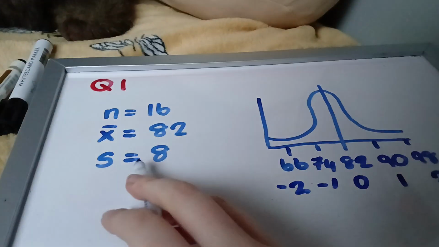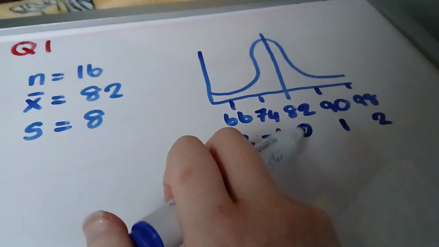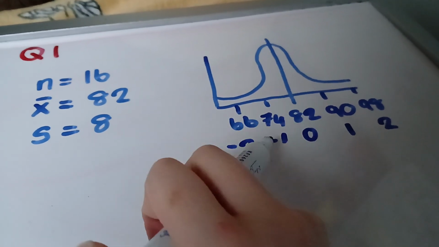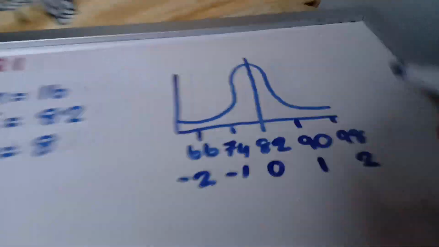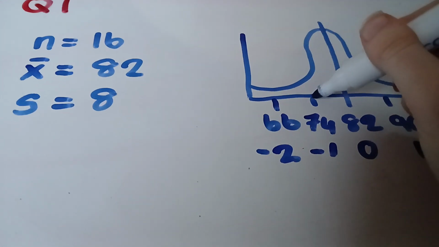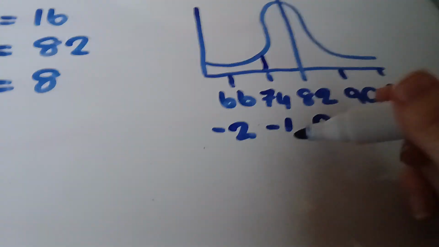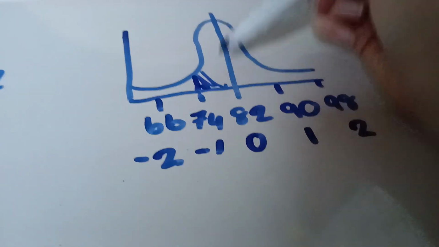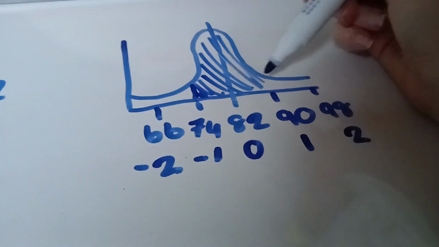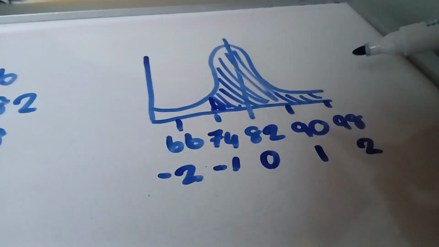In this case, the standard deviation is 8, so -1 is -8 one time, so that's why it's 74, 66, and so on. So this question asks for greater than 74. So 74 is here, and it's -1 standard deviations away from the mean. So we're looking for all this area here, because that's all greater than 74.